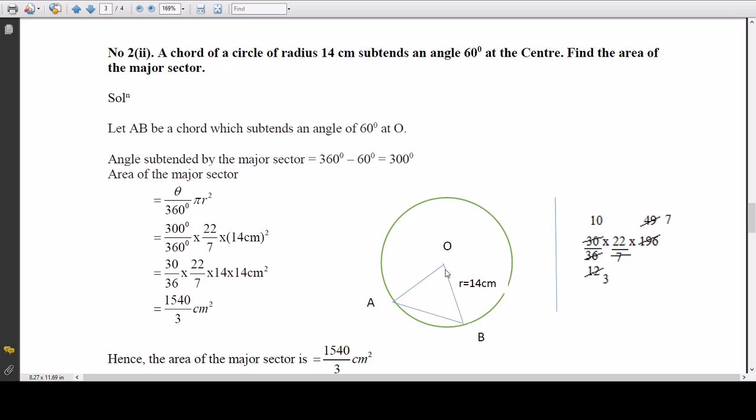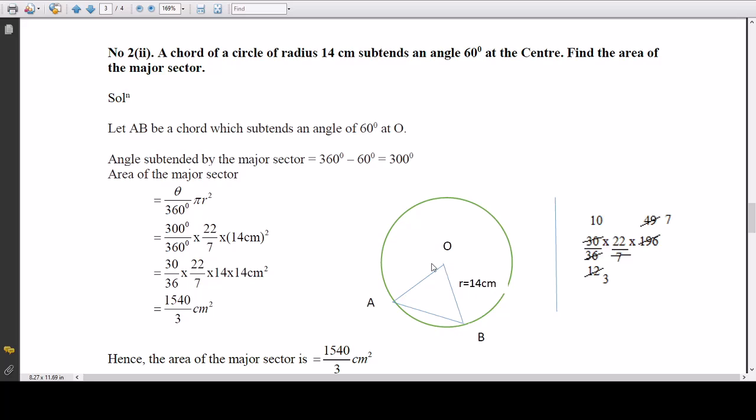Then how will you get the angle made by the major arc at the center? Total angle at the center is how much? Total angle is 360. This minor arc makes an angle of 60 degrees. Therefore the major arc will make an angle of 360 minus 60 degrees, which is 300.